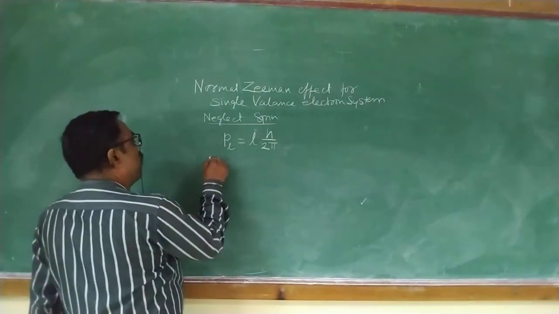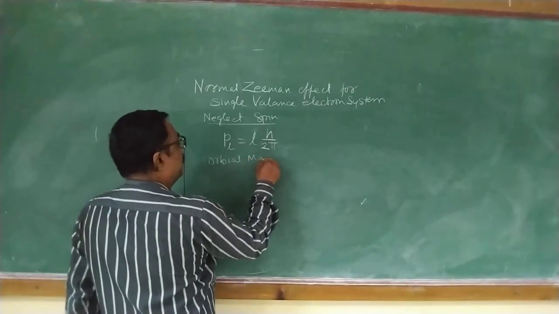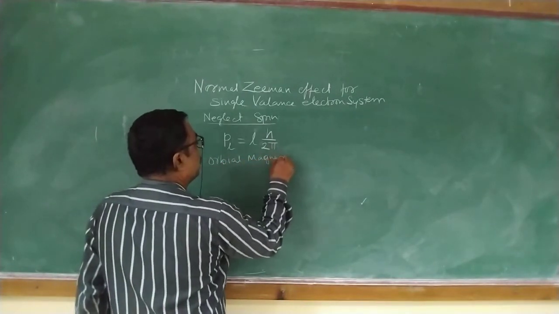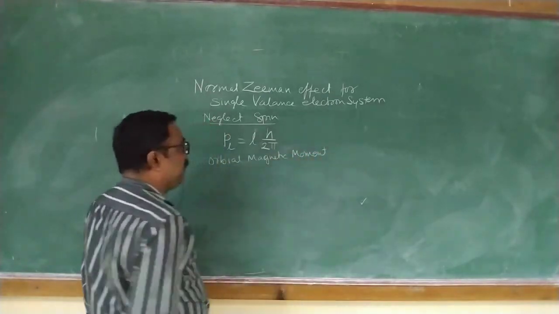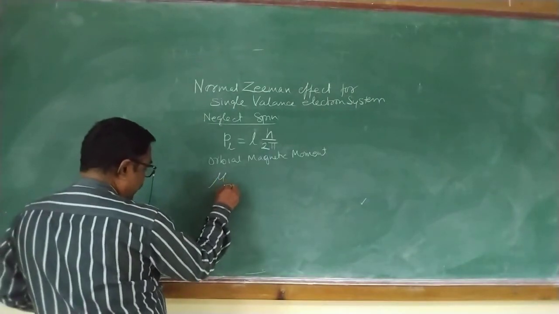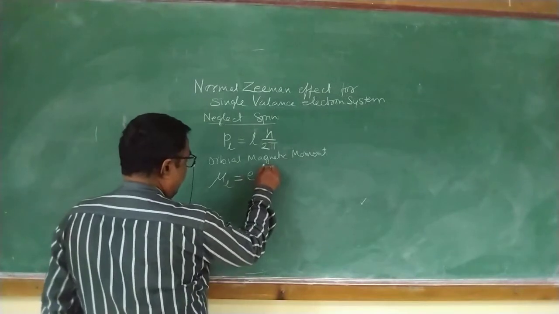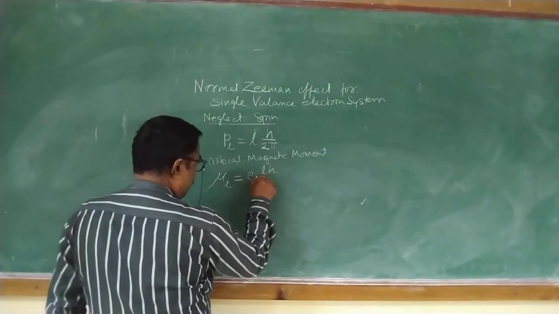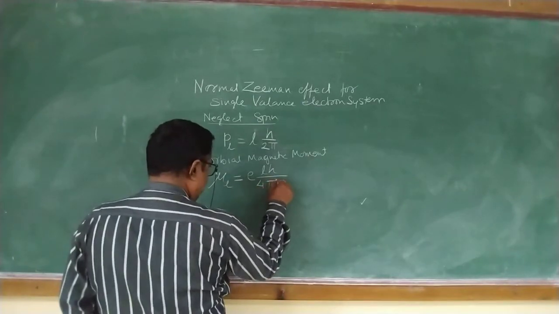Now the orbital magnetic moment is given by mu L, equal to e L h by 4 pi m.